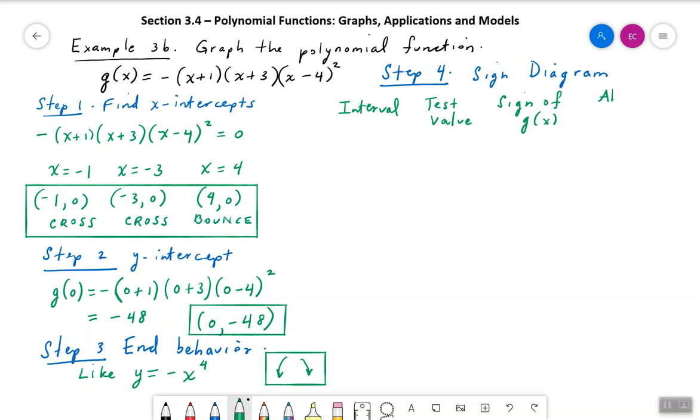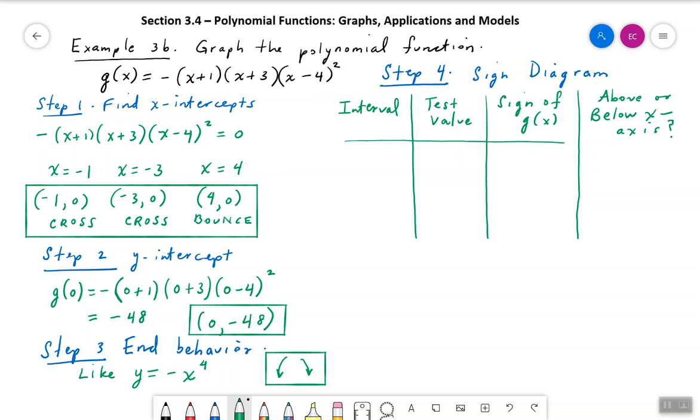And then finally, is the graph above or below the x-axis? That's a little question mark at the end. Okay, so let's make some columns and some rows.